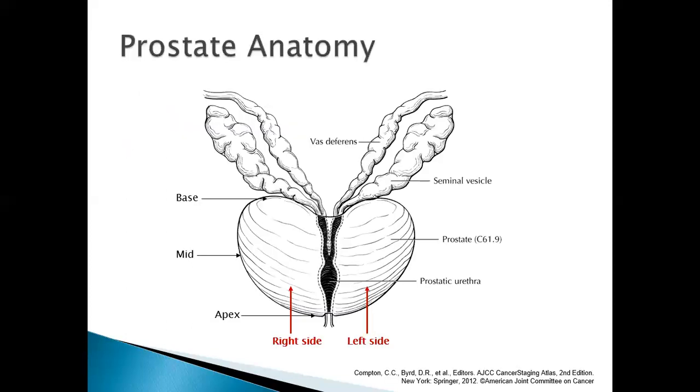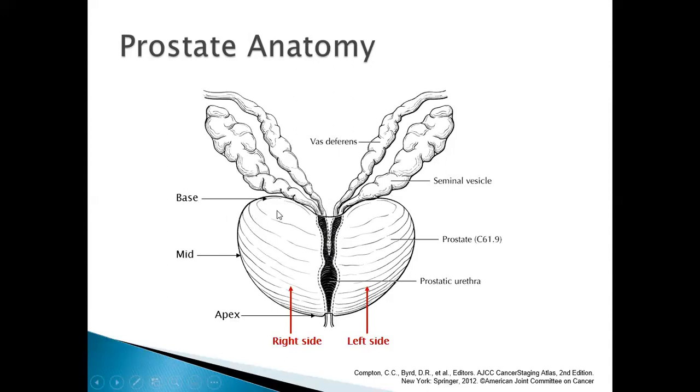So a little anatomy refresher for the prostate gland. Now the seminal vesicles are above the prostate gland, and then the prostatic urethra, like I stated before, goes through the prostate, okay? But it's still the urethra, okay? And then we have the apex, which is on the bottom, and then the base is at the top.